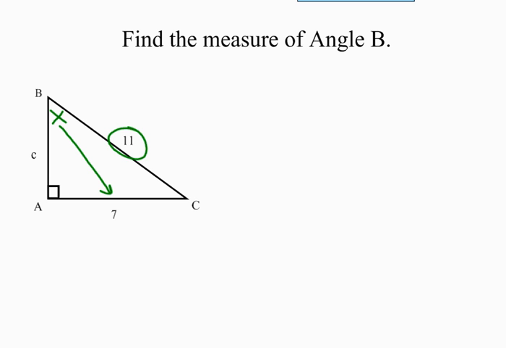So we do the sine of angle B equals the opposite side length over the hypotenuse length. To solve for the angle, we use the inverse sine. We know if we take the inverse sine of the left side, it's going to undo the sine, and it'll leave us with angle B by itself. And now we have to do the inverse sine of the right side.